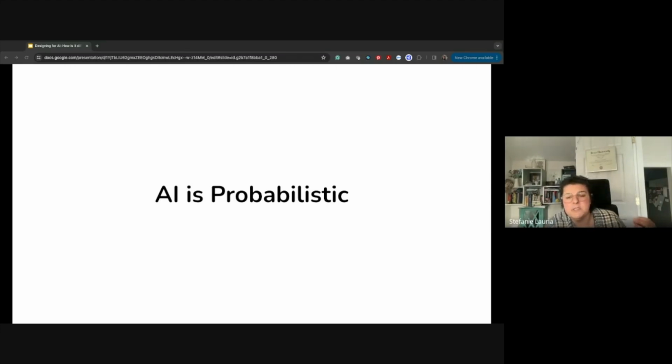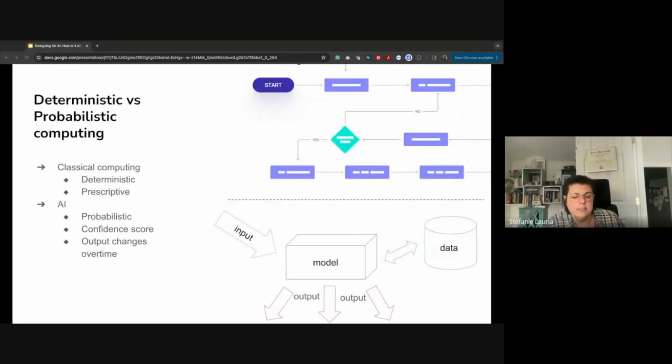So what is the real difference between AI and classical computing? AI is probabilistic, and classical computing is deterministic. Deterministic versus probabilistic computing. As you can see here on my chart, I have a user flow, right? We can determine time and again how the interaction is going to be every single time the user interacts with your software.